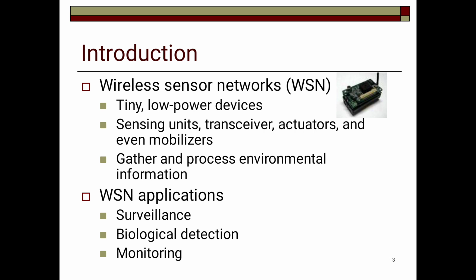There will be some mobile sensors that need to move, so for that, mobilizers may be needed. The main purpose of wireless sensor networks is to gather and process environmental information. Applications include surveillance, biological detection, monitoring.